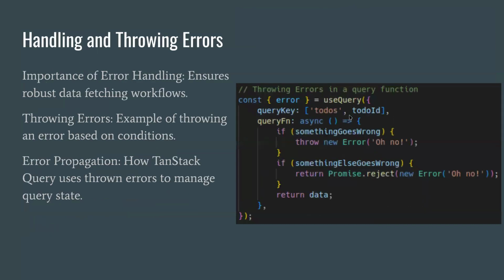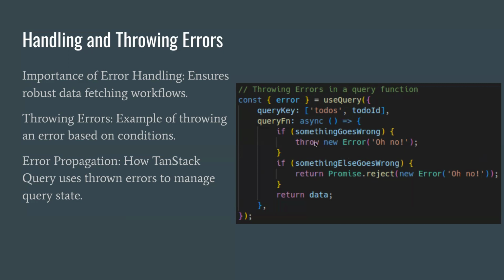Handling and throwing errors. Effective error handling is essential in any application. And in TanStack query, the query function must throw an error or return a rejected promise to signal a failure.